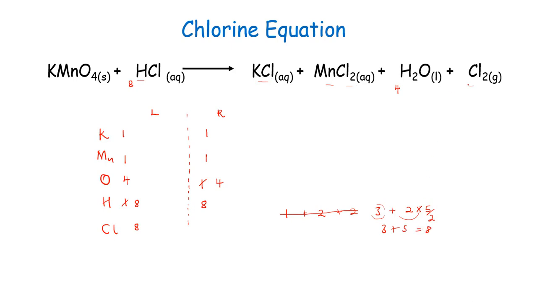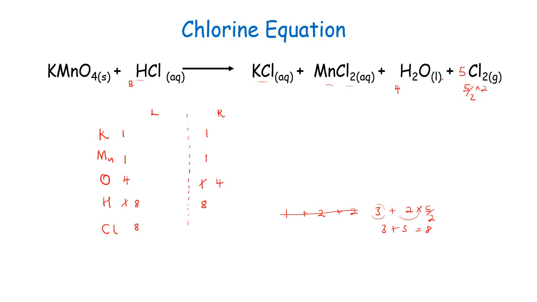If I place here 5 over 2, that means our equation will be balanced. However, we can't balance with fractions, so we are going to multiply throughout by this denominator so that we eliminate it. I repeat, we are going to multiply throughout by 2 so that we have a whole number instead of a fraction balancing our chlorine gas. 5/2 times 2 becomes a 5.